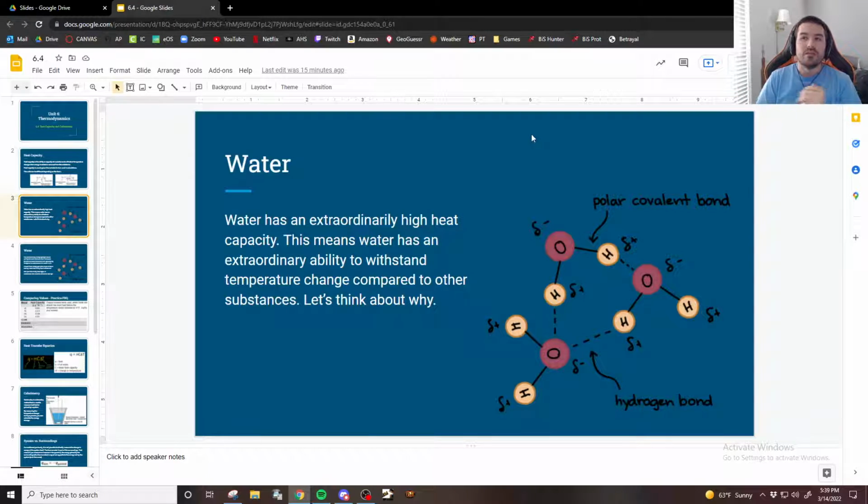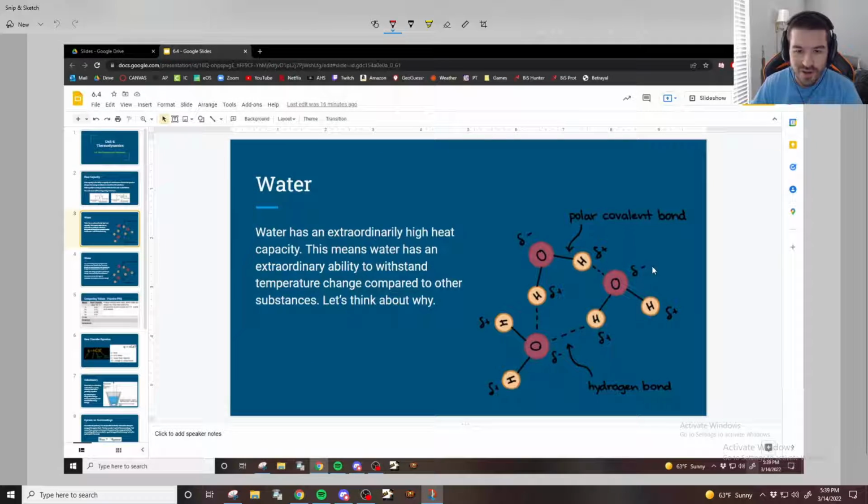Think about what it means to heat up a substance. If you think about it at the particle level. Temperature, let me go ahead and get my stylus ready again. Okay, temperature is proportional to the kinetic energy of the molecules or of the particles, okay?